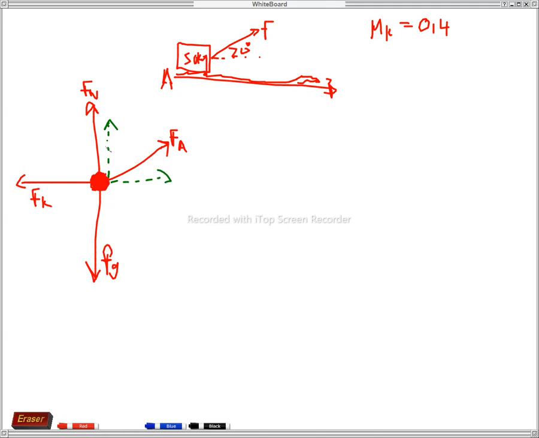We have the angle there, so the formula for the horizontal is just going to be the applied force times cos of 20, and for the vertical it is going to be the applied force times sine of 20, you understand?